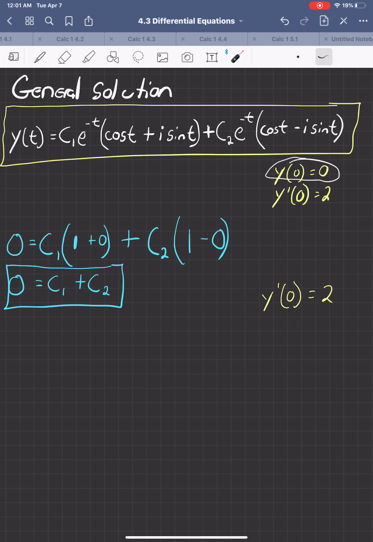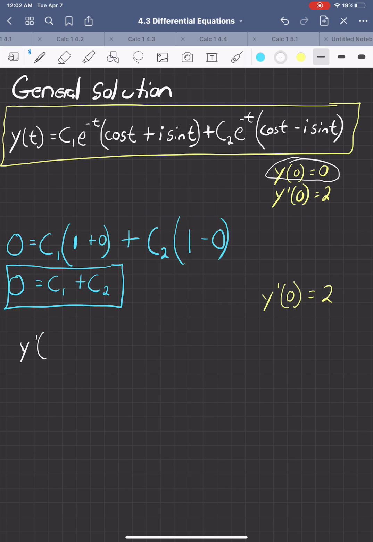But you also can plug 0 in for t and then take the derivative. Right? So we're not going to lose anything by doing so. You know how to take a derivative and you know how to substitute. Okay, so I got to get us to the answer. So I'll at least do this for you.